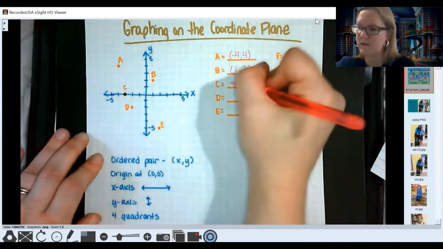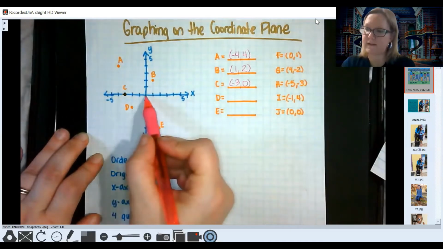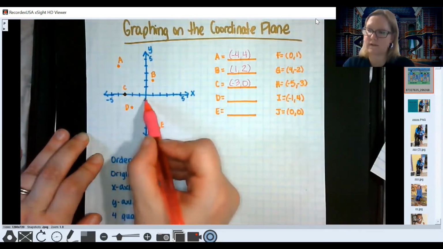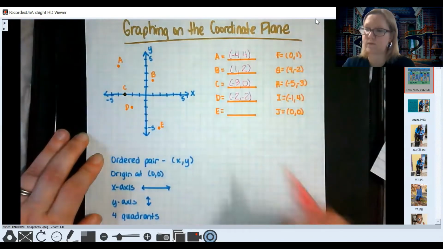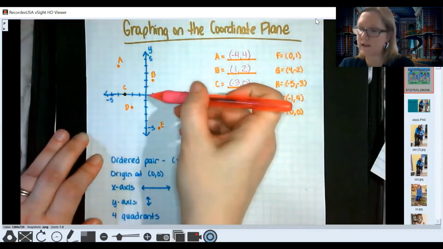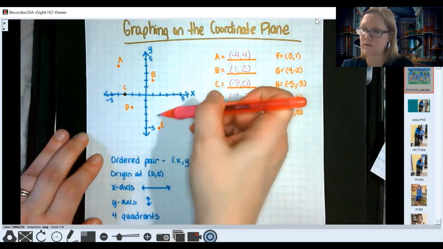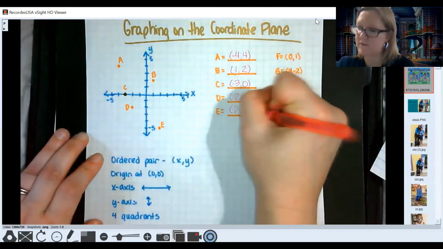So that's (-3, 0). Point D, I'm going across to -2, and down 2, so (-2, -2). For point E, I go across 1, 2, and then down 1, 2, 3, 4, 5. So that is (2, -5).